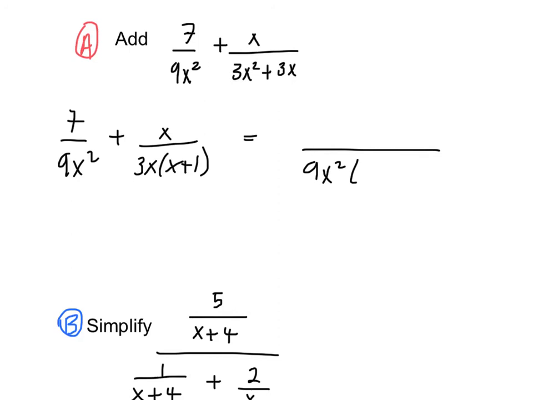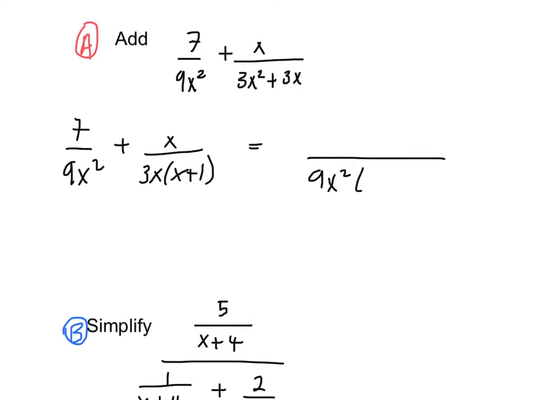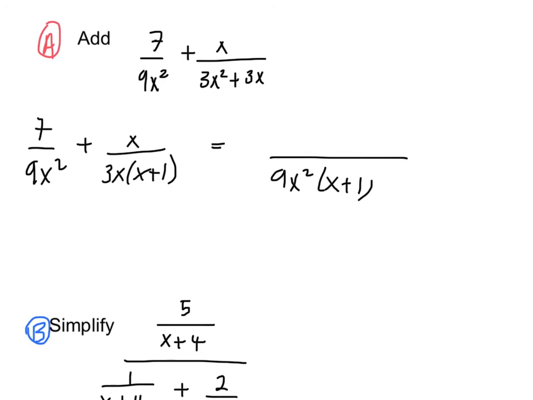So in the end, we want to have 9x squared times x plus 1 in both of our denominators to make them like denominators. So our second term, we will have plus something over 9x squared times x plus 1.